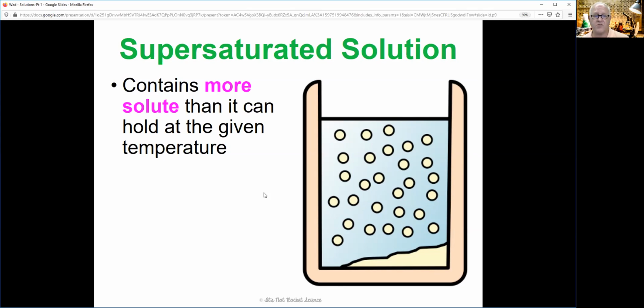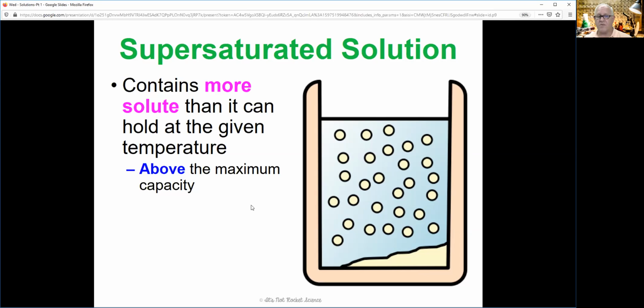And a supersaturated solution contains more solute than it can hold at the given temperature. It contains more solute. If you look at the illustration here, you'll see that this solute sitting at the bottom has not dissolved yet. But if we raise the temperature, it may start to dissolve more.